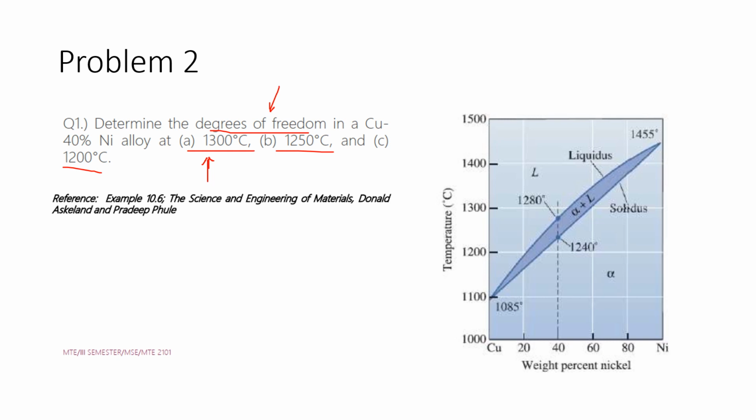At each temperature, draw a horizontal line and then a vertical line in order to know the number of phases you pass through, and then put those phases in your equation for the Gibbs phase rule, which is very easy. Then for part B, 1250, again draw a horizontal line from the temperature towards the liquidus solidus curve, and then draw a perpendicular and repeat the same procedure for 1200.